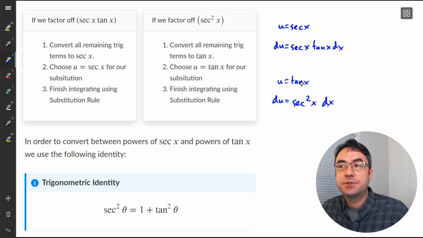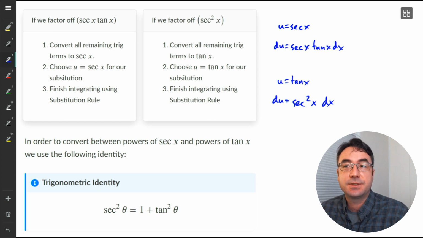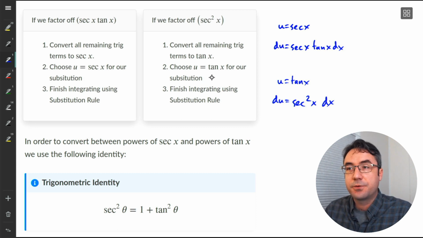So we want to have only tangent terms because that's what we're going to choose for u in our substitution. So if we factor off a secant squared, we'll convert all of our trig terms to tangents, because then we'll be able to go through with a u sub and finish integrating that way.